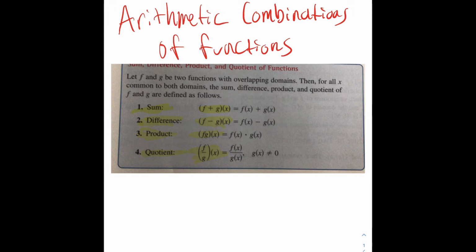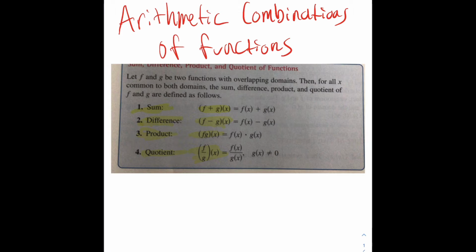Again, when we look at things like the domain, the domain has to work for both f of x and g of x. Otherwise, it won't produce a real solution.